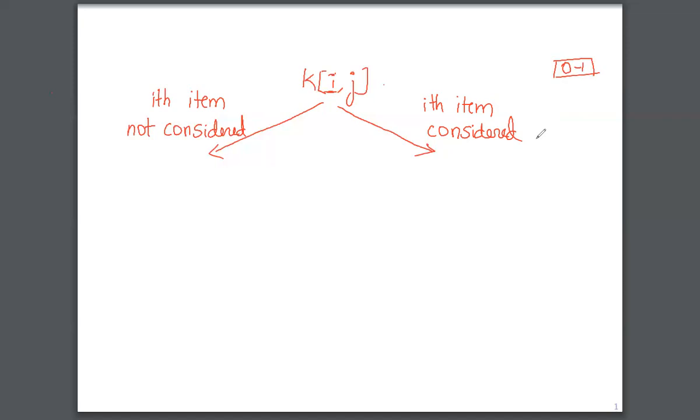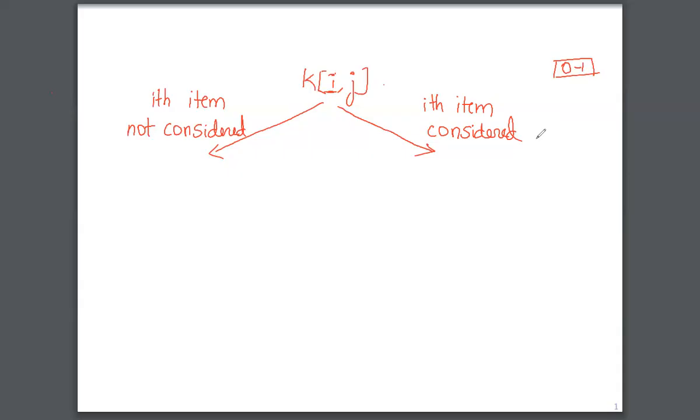Think about it. So we said there are 2 power n total subsets, right? What does it mean? The first item, you will either consider it or not consider it. Second item, you will either consider it or not consider it. So on until the nth item, you will either select it or not select it. So choices are 2 times, 2 times, 2 times, so on, right?